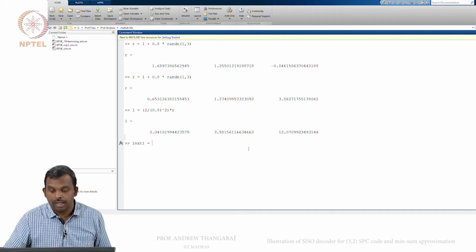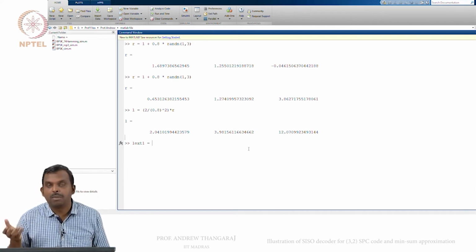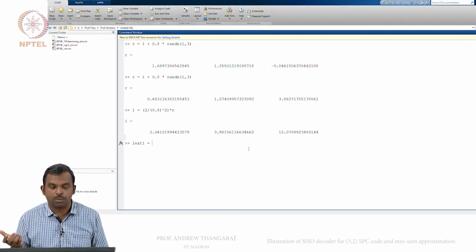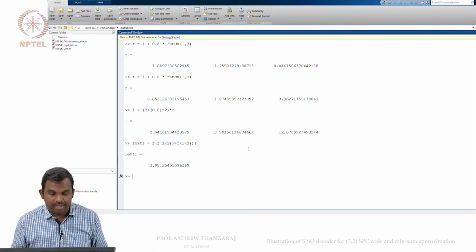So you see L2 and L3 are positive. So the sign becomes just positive. So the sign of Lx1 is positive. So Lx1 comes out to be f of L of 2 plus f of L of 3. Okay, so that is the answer.